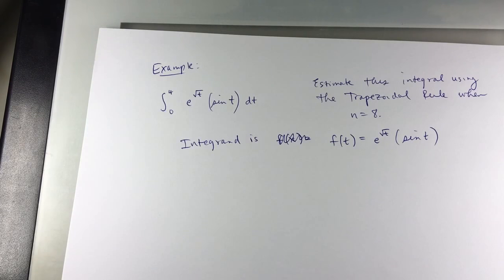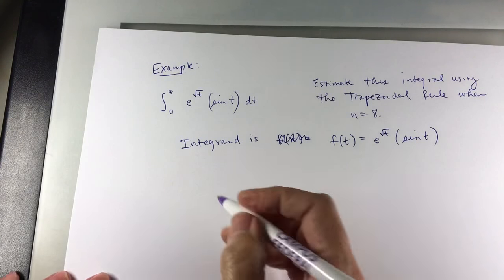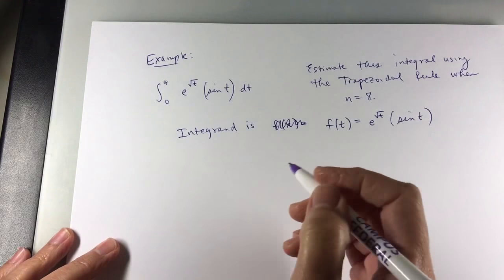And I don't know what the graph looks like. I don't really need to know what the graph looks like. I do need to know the formula for the trapezoidal rule, and I need to be able to figure out some y values for this problem. Figure out the x values as well.